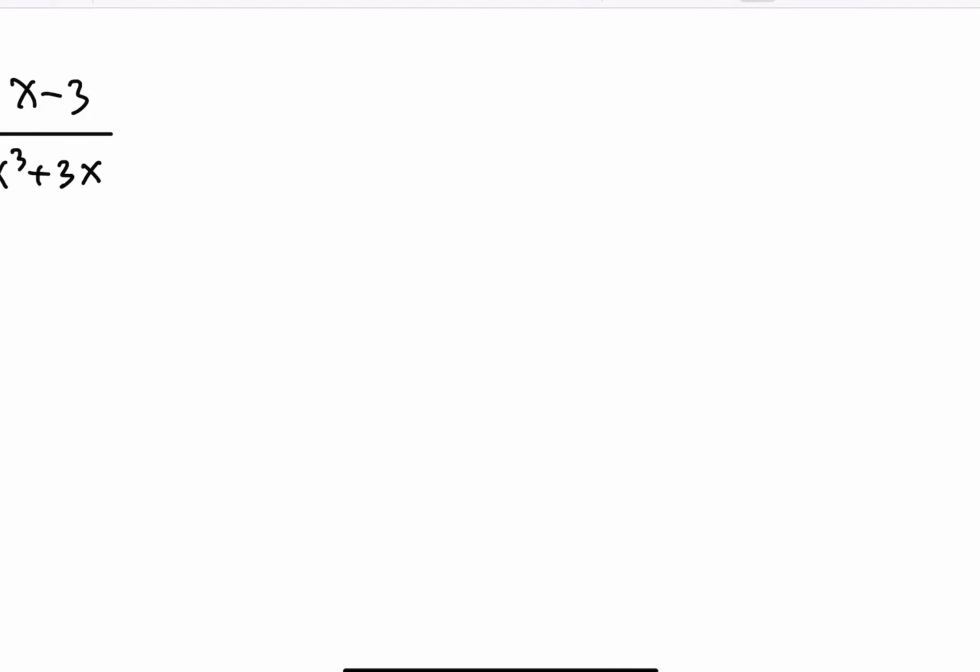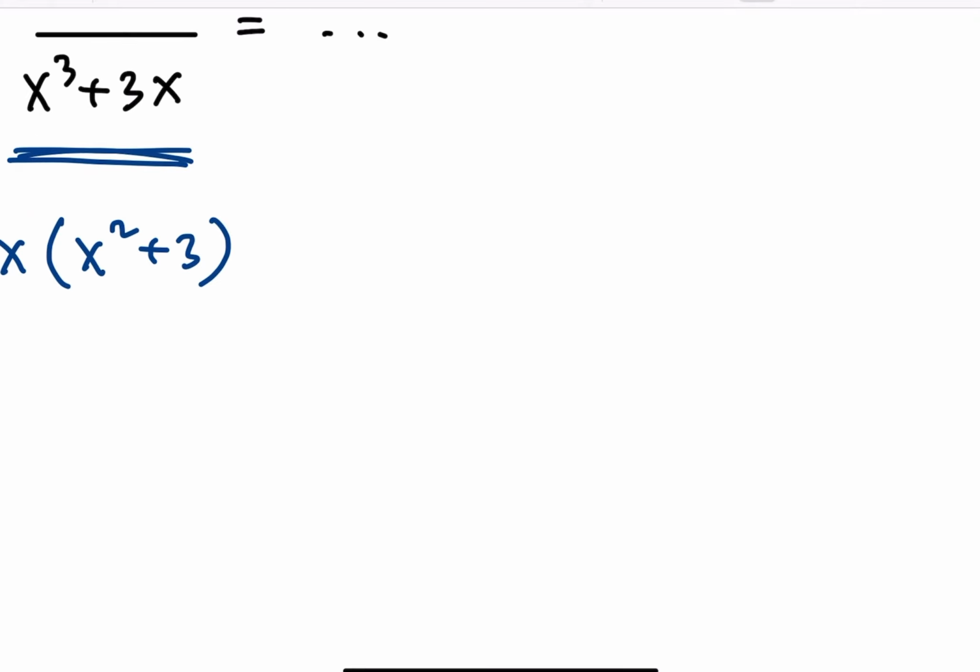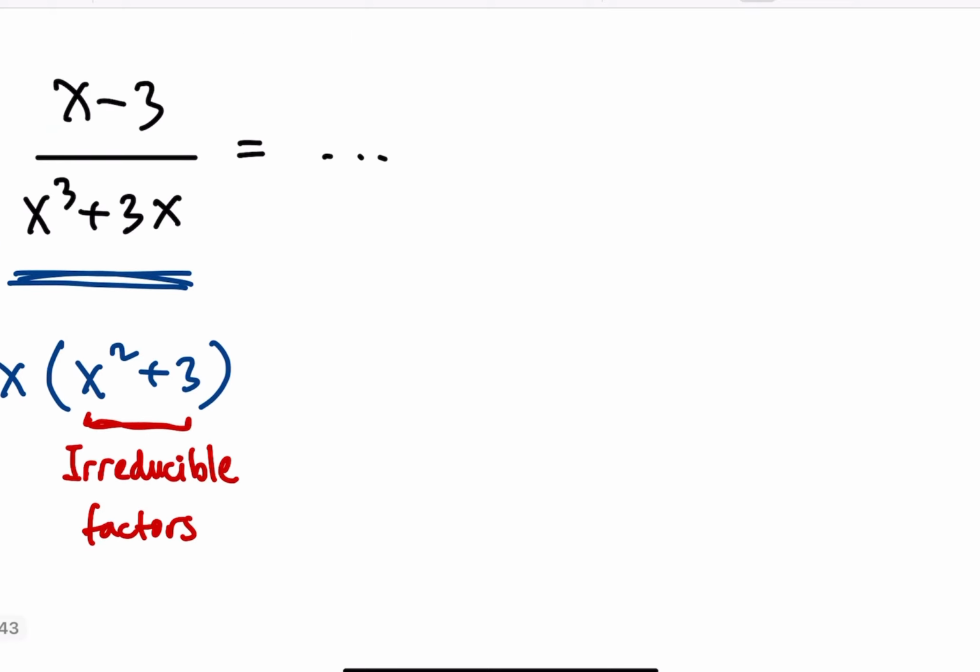Okay, so if we look at the denominator here, if we can factor it out, it will result in that. And if you look at this x squared plus 3, this is what we call an irreducible factor that we cannot factorize anymore. Then we just write it as it is.